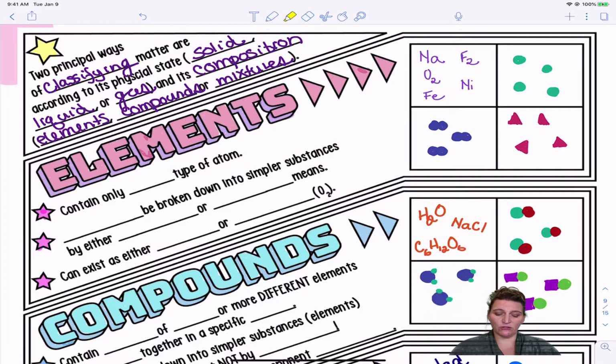Those first two, elements and compounds, are good examples of pure substances. And we'll see why they can be considered pure substances when we look at the particle diagrams on the right.